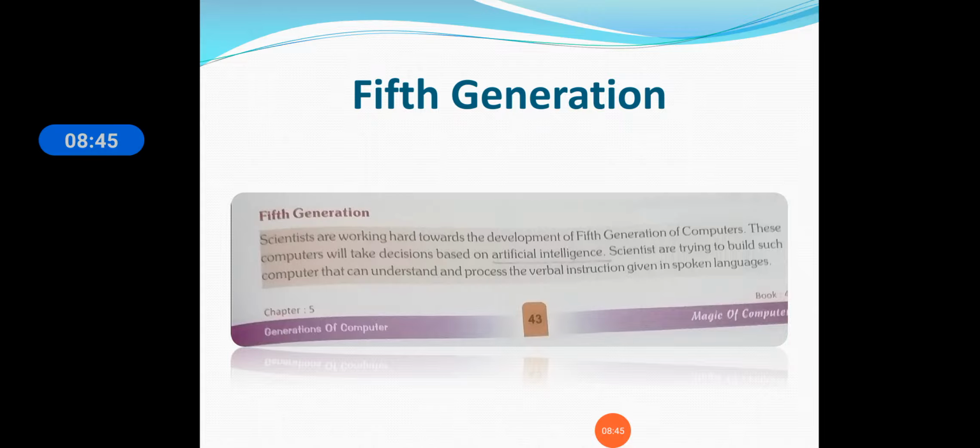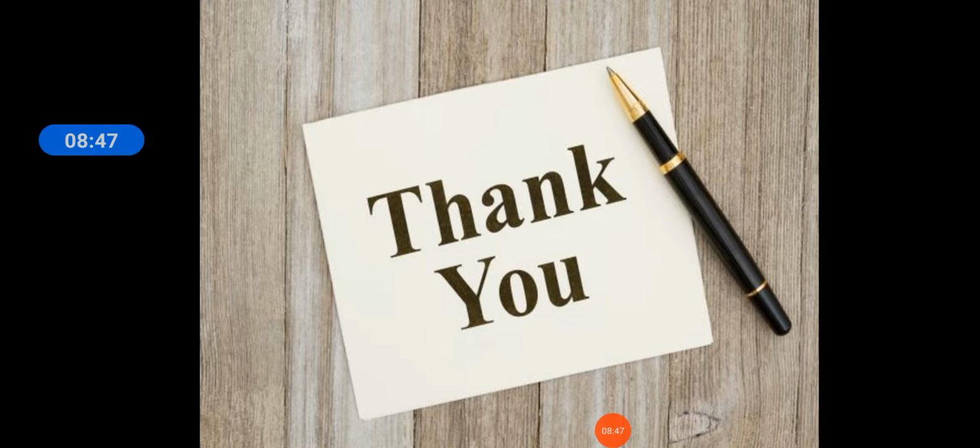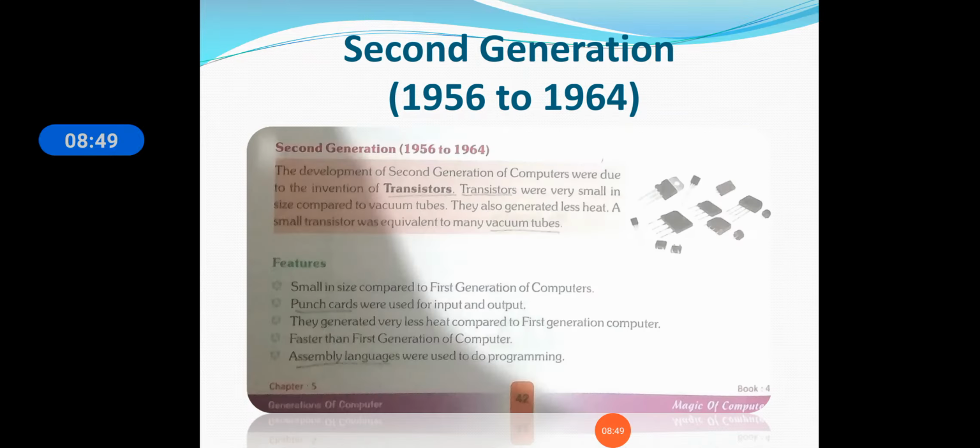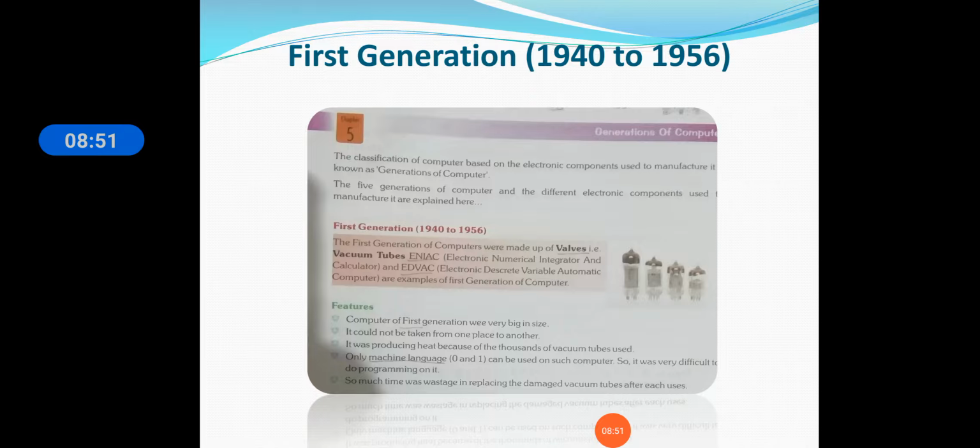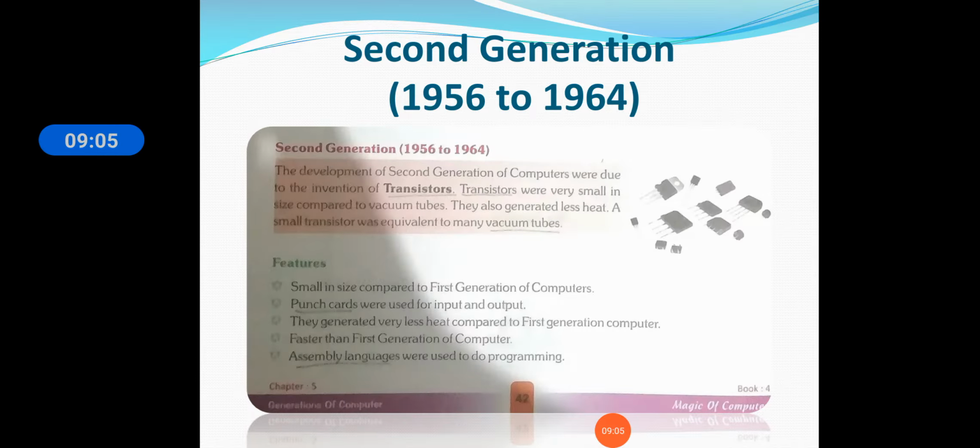Now let us quickly revise what we have learned in this chapter. We have learned the first generation, which was made of valves and vacuum tubes. Okay, it was due to the help of vacuum tubes that the first generation was possible. After the invention, the transistor came into the picture, and this was used in the second generation, and it reduced the size, and punch cards were used as input and output.